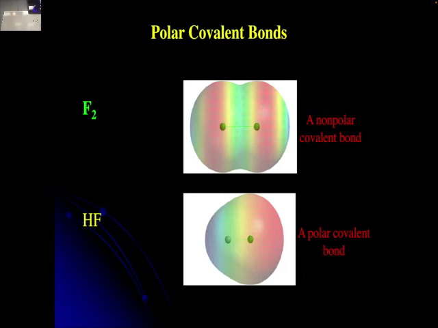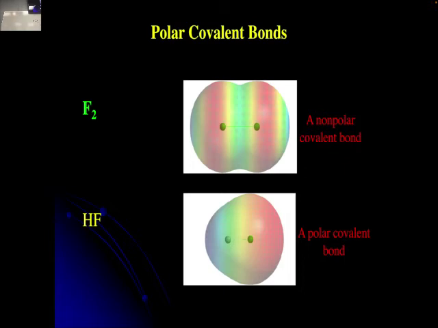But what you need to know is that I hope by looking at this you can see that fluorine, F2, is a covalent bond, but it is very nonpolar. This side looks identical to that side. Right? If I take F2 and I look at it like this, and then I turn it 180 degrees, I can't tell that I did anything. They look the same. Okay?